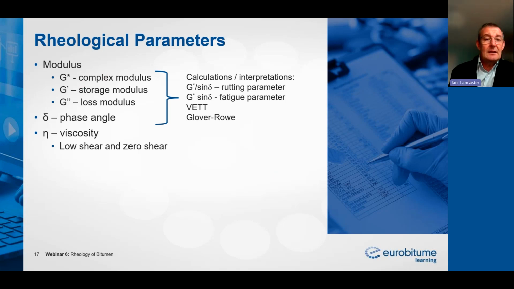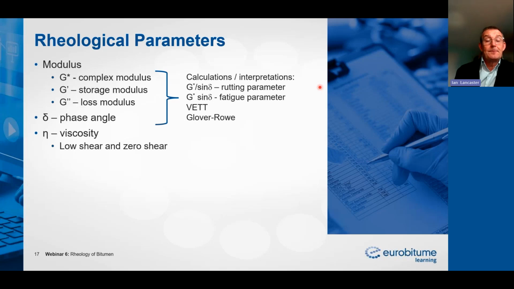But we can take our different parameters and then we can do some calculations. So we can take our complex shear modulus and the phase angle and relate it to what we call a rutting parameter or a permanent deformation parameter. So the complex modulus divided by the sine of the phase angle can give us a rutting parameter.